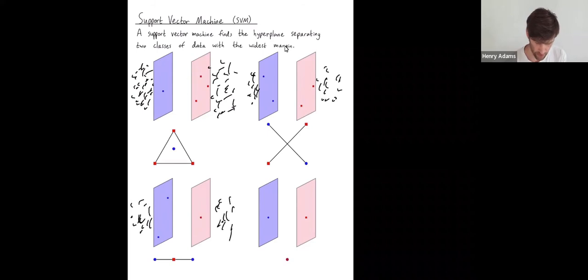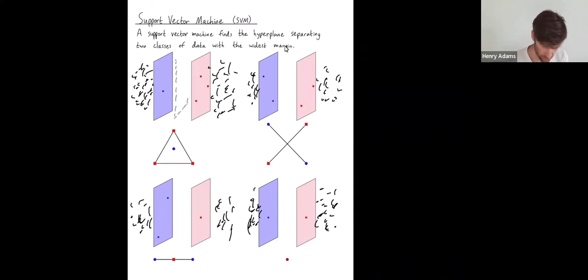Okay. And what I'm showing you is the possible configurations of the support vectors. So the separating hyperplane is this hyperplane right in the middle in 3D. And these are the support vectors from the red class, and these are the support vectors from the blue class.